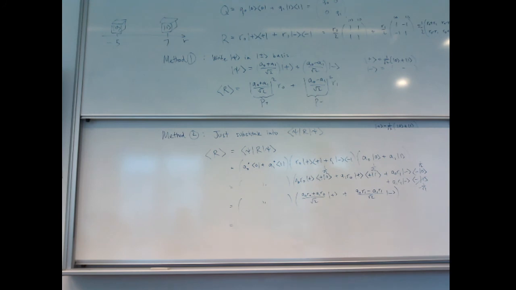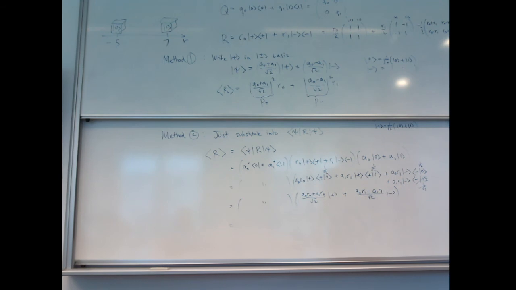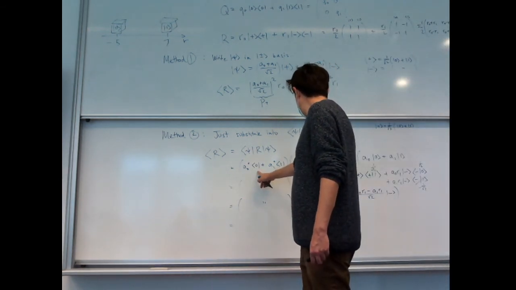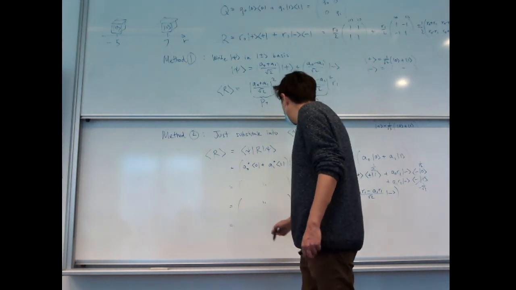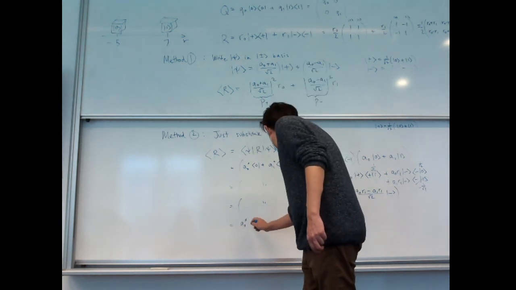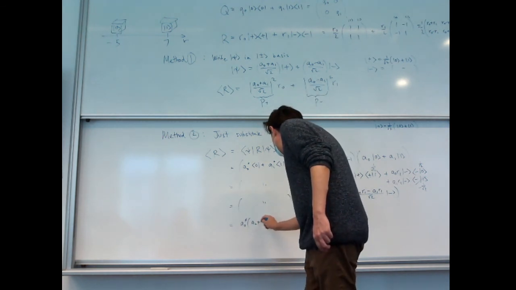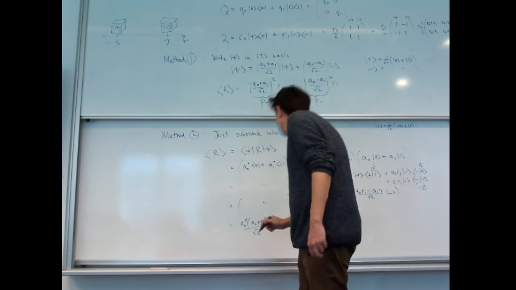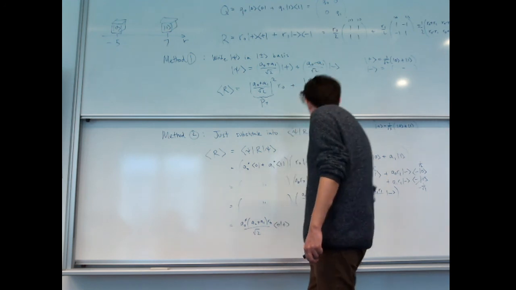And now we've got to multiply these out. So let's do that. Again we'll get four terms. So A0 star times, I can factorize this one here on the fly, over root 2. This is 0 over plus.